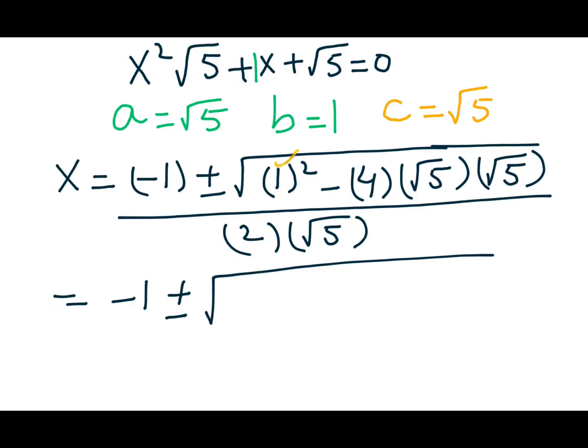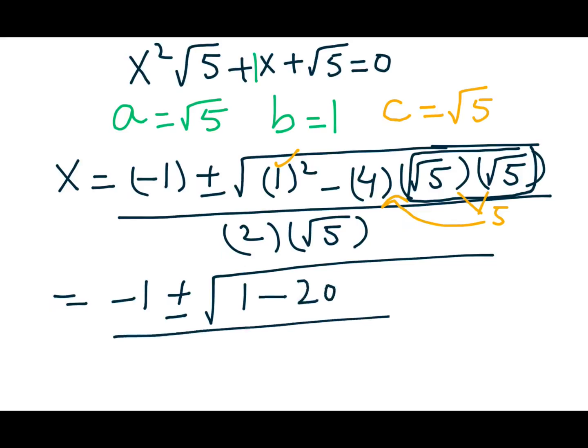Which is equal to minus 1 plus or minus the square root of 1 squared, which gives us 1, minus, now square root of 5 times square root of 5 is going to give 5, and 5 times 4 is 20. So minus 20, divided by 2 times the square root of 5.